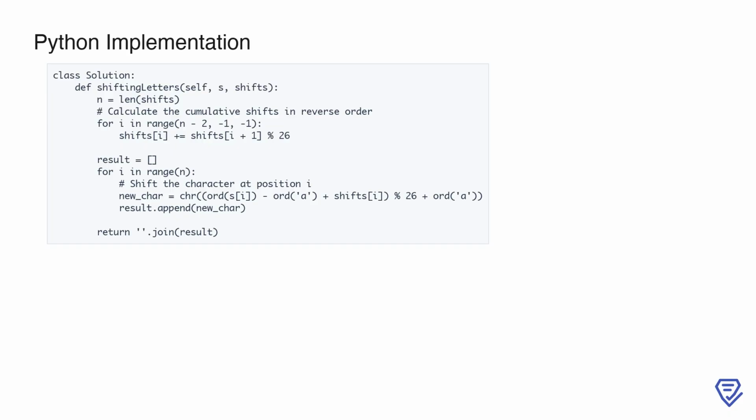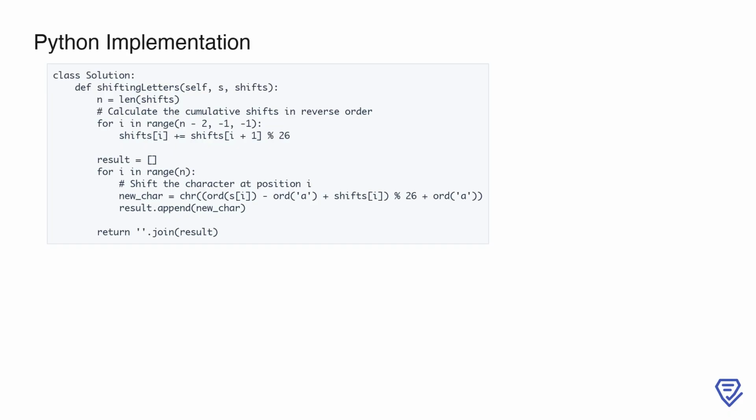To optimize the shifting process, we compute the cumulative sum of the shifts array in reverse. At every index i, from right to left, we add the shift value at the next position, shifts[i+1], to the current value, shifts[i]. This ensures that each position in shifts holds the total shift value for all subsequent characters, modulo 26, since there are 26 letters in the alphabet.